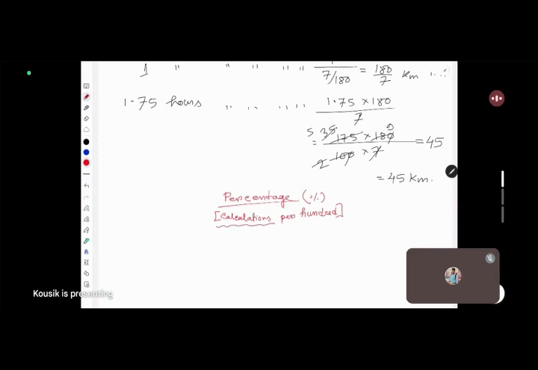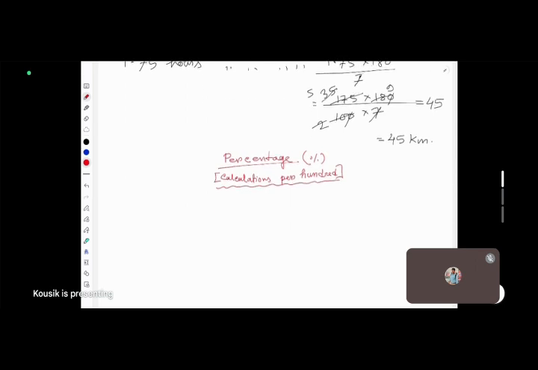Calculation per 100. First is percent to fraction.